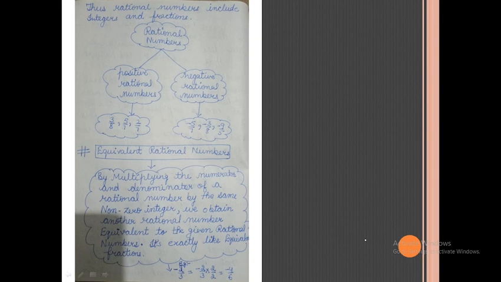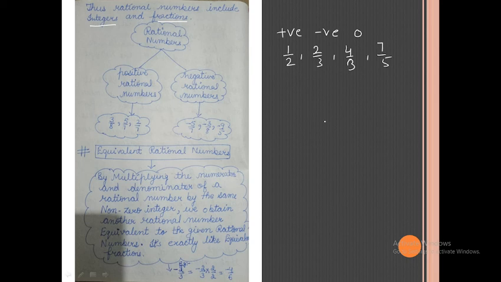Thus, rational numbers include integers and fractions. In integers, positive, negative, and 0 are included, and in fractions, 1 by 2, 2 by 3, 4 by 3, 7 by 5.